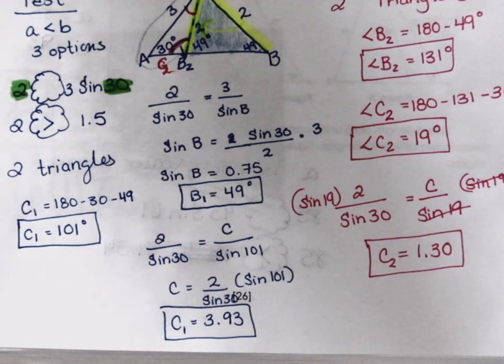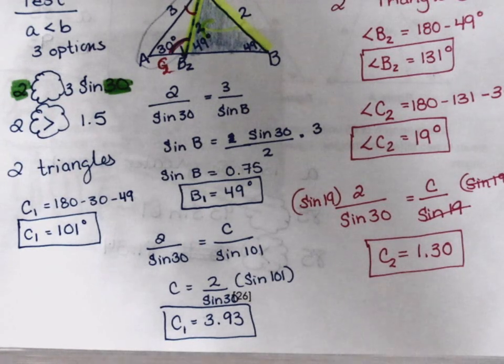Okay, did you guys ever make the connection that the biggest angle will have the side across from it be the longest side in the triangle? So we know that in triangle 1, C has an angle measurement of 101, so side C should be the longest side. Did you guys make that connection? And so in triangle 2, which side would be the longest side?